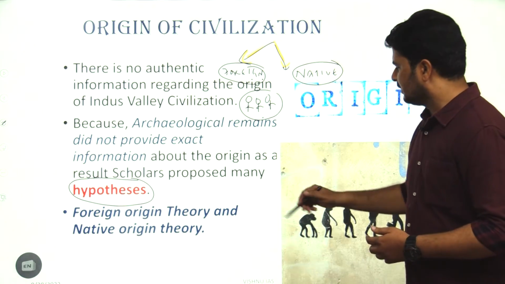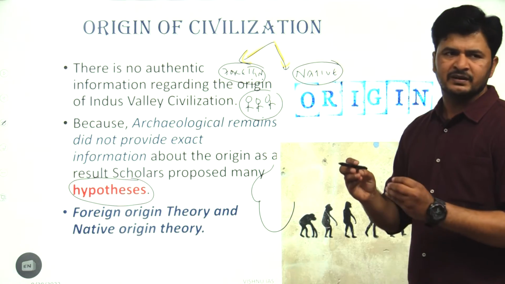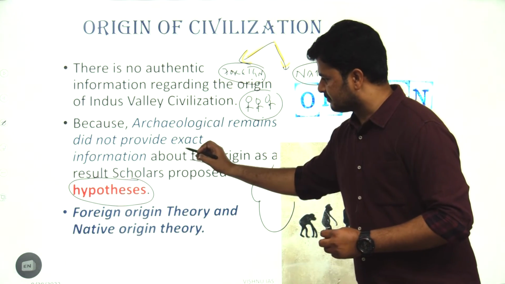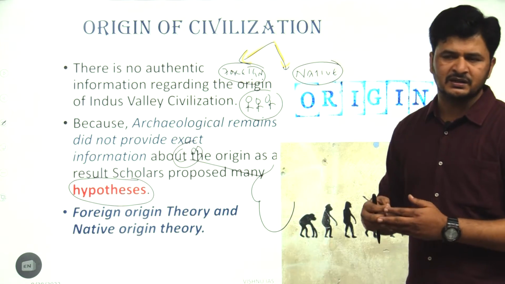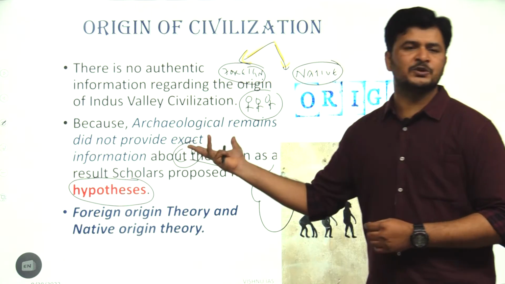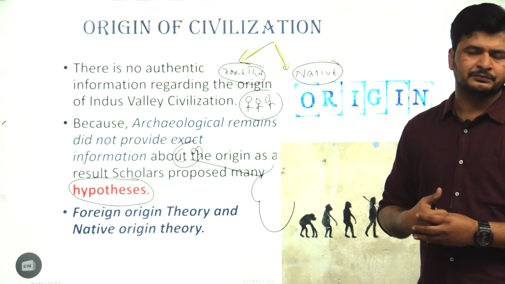And if you ask, fine, from where did they come? They answer, they came from Central Asia. When I say Central Asia, as I was telling, already a civilization was flourishing. What is the name of the civilization? Mesopotamian civilization. And if you ask why did they come?